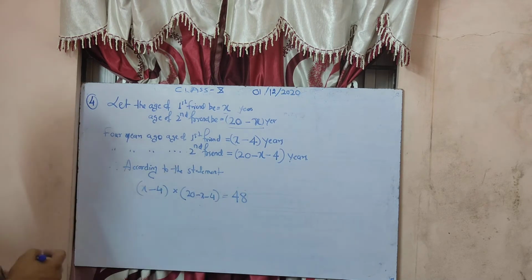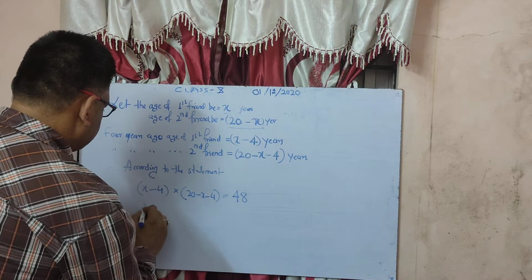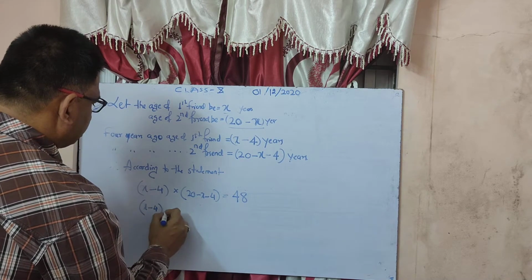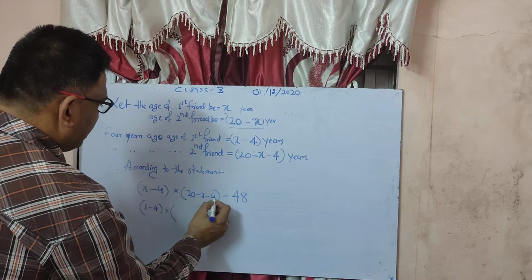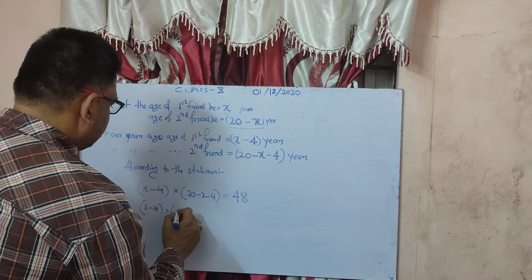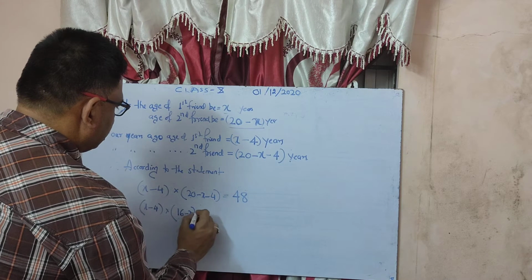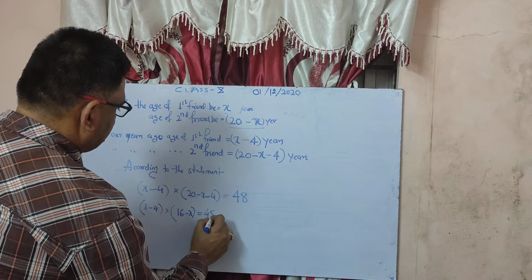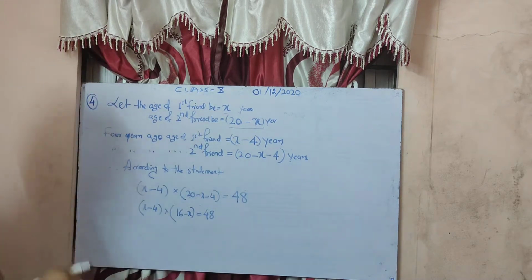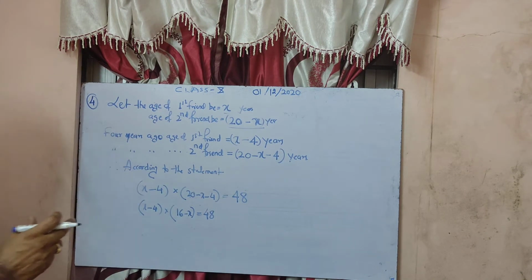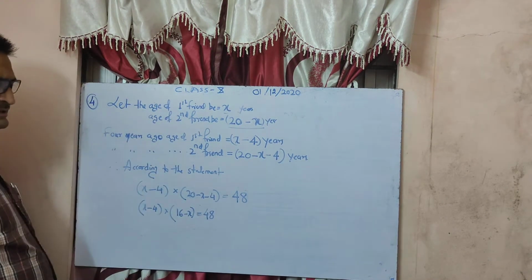Okay, now let us simplify initially. Step by step we have to do. x minus 4 as it is into, now 20 minus 4 is how much? 16. So 16 minus x is equal to 48. Step by step we will simplify the question. Now we know how to multiply two brackets, isn't it?